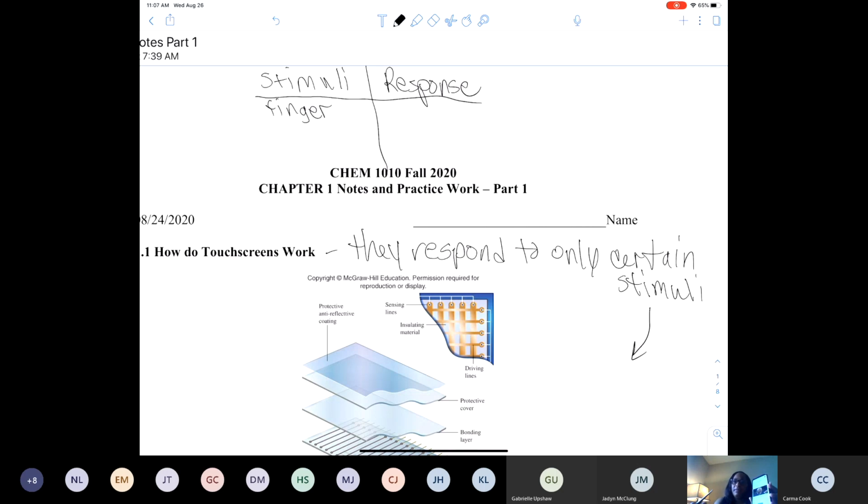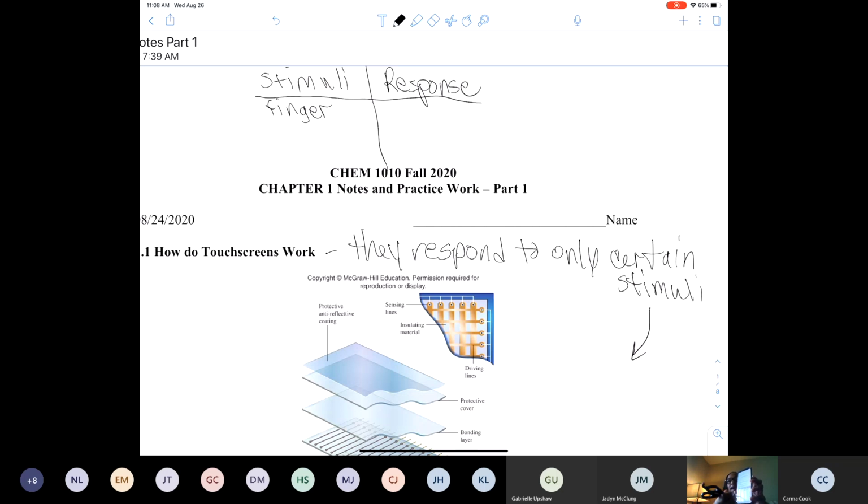So the answer to whether or not my screen responds to the scissors is yes, if I touch the screen with the widened surface area portion of the scissors. But if I touch the screen with the pointed tip of the scissors, my screen does not respond.